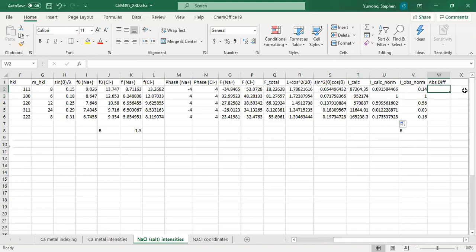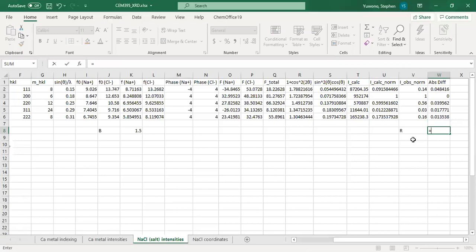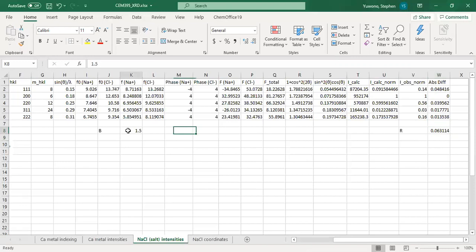Okay, then of course we can do the absolute difference, and then try to optimize to obtain the R value as usual. Right? For the sake of completeness, let's do it up until this point. And at this point now you're set to do the solver.